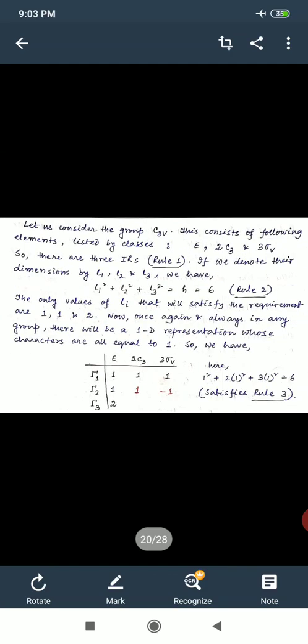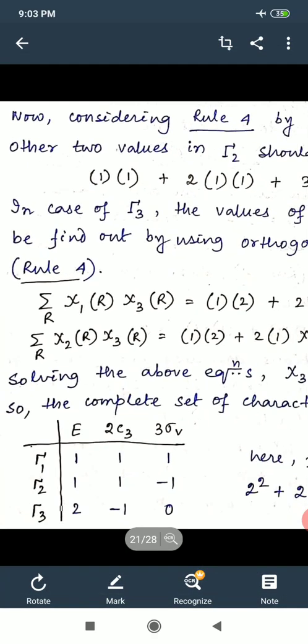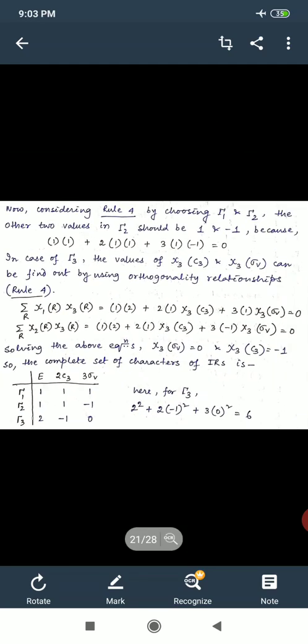And in case of the C3V point group, the irreducible representations look like this. So in the C3V point group, one dimensional along with two dimensional matrix forms are also there, because in the Bethe notation, with respect to E, we have written 2, so that represents the two dimensional matrix form in the C3V point group.